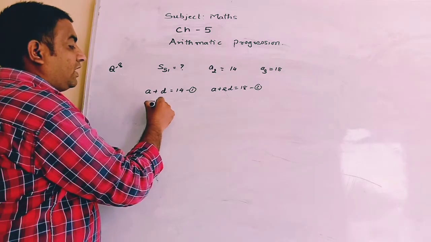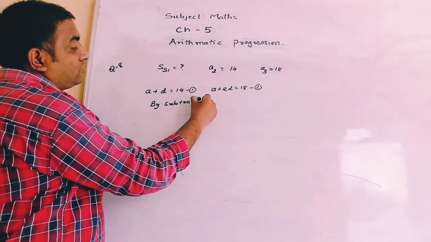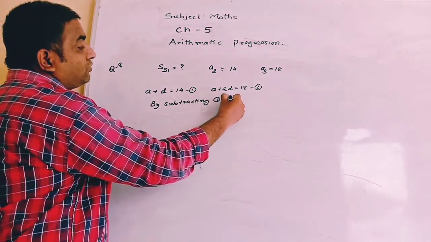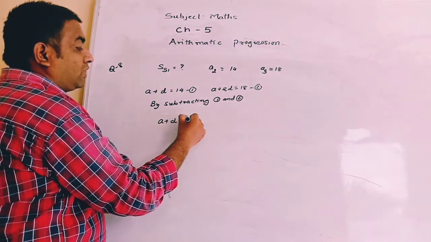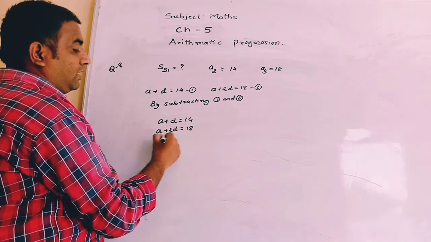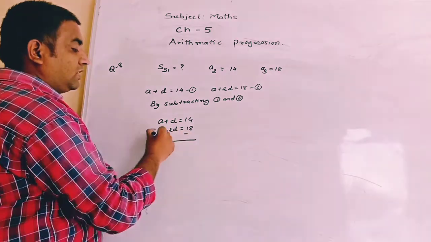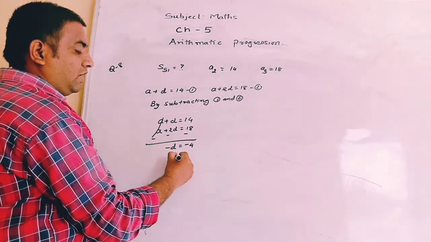So by subtracting 1 from 2, we get A plus D equals 14, A plus 2D equals 18. So minus, minus, minus, A cancels, minus D equals minus 4. So D equals 4.